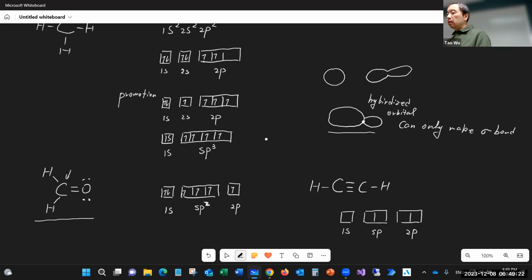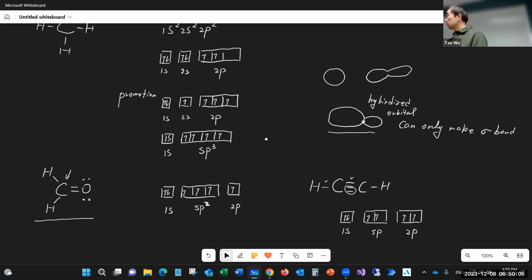Then you have 2 single electrons in the sp orbitals, which make 2 sigma bonds, and the leftover 2p orbitals pair with other 2p orbitals to form the pi bonds. So that's why we have 2 sigma and 2 pi, and that's why we have this hybridization.